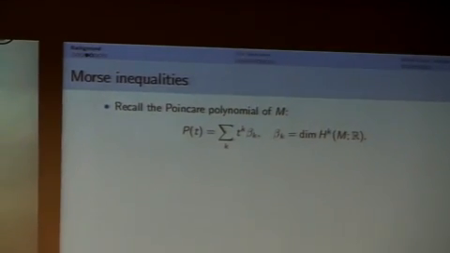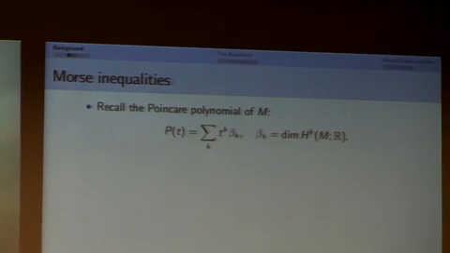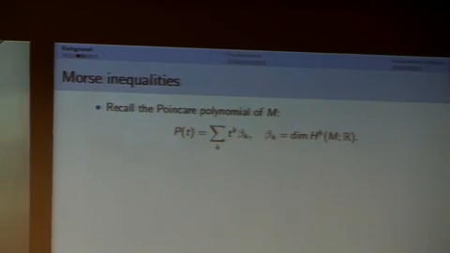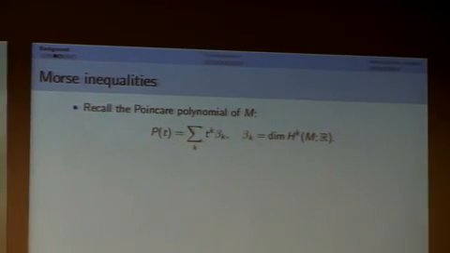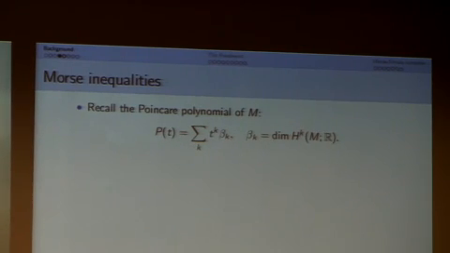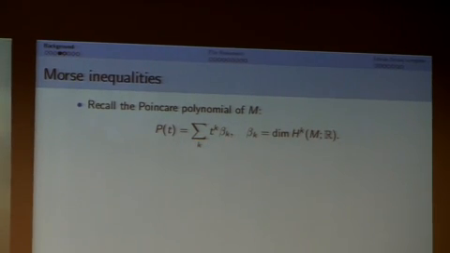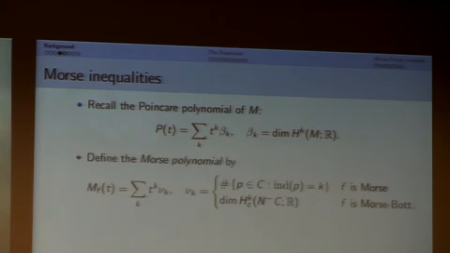Great, so I'm going to remind you what the Morse inequalities say. This is a fundamental result of Morse theory. One actor here is going to be the Poincare polynomial of M, which is just a polynomial whose coefficients are the Betti numbers, the dimensions of the cohomology groups of M with coefficients in some field, always R here.